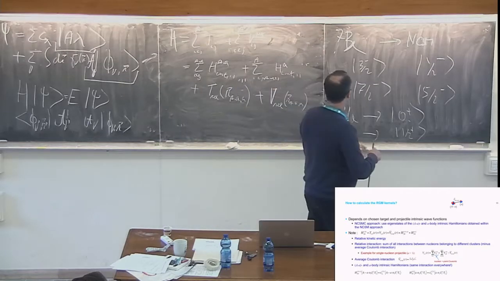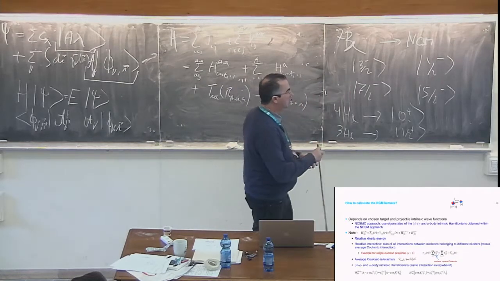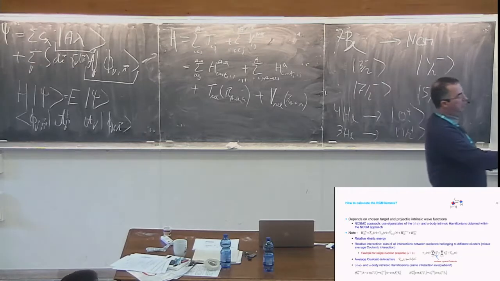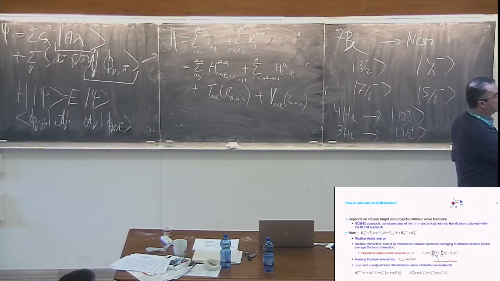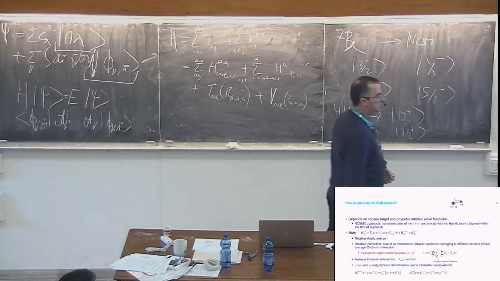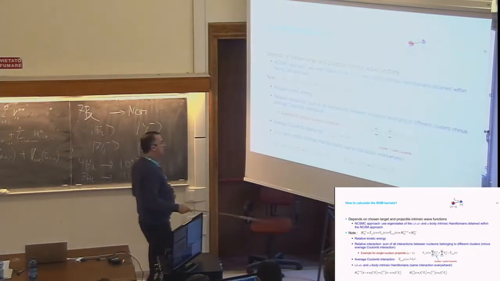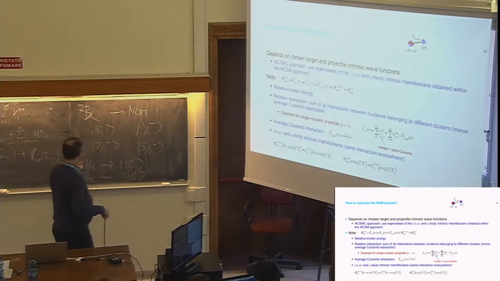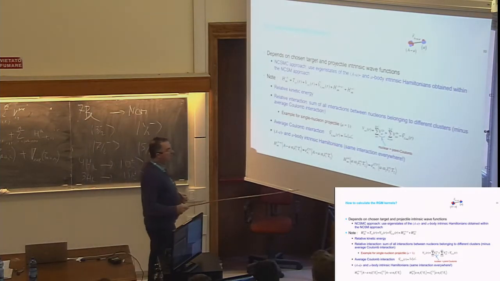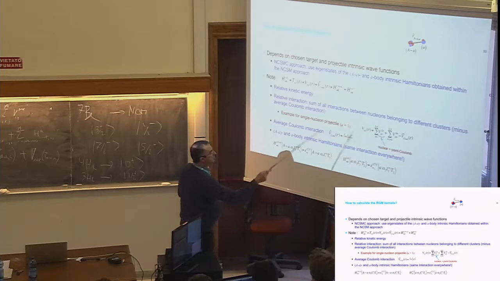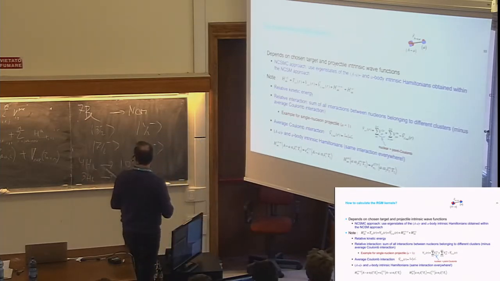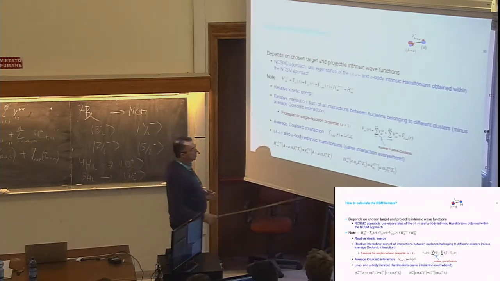You can imagine if you have helium-3 and alpha very far apart, they will interact with a point Coulomb, where you have Z of the alpha, which is 2, Z of the helium-3, which is also 2, e squared, and r is the separation between them, right? So this is the long-range interaction, which always will appear in reality. But if I treat my interactions in the harmonic oscillator expansion, which is what I'm doing, then I will never get this.